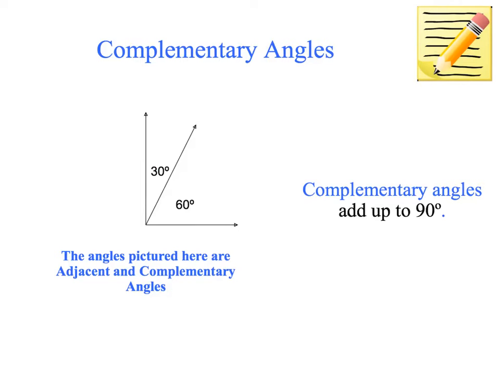If it has a symbol like this, a square symbol like that, it means that it is 90 degrees as well. It's a right angle. Now the angles here, they're adjacent and they're also complementary. So complementary means they add up to 90, but these are also adjacent because they share a vertex and an arm.